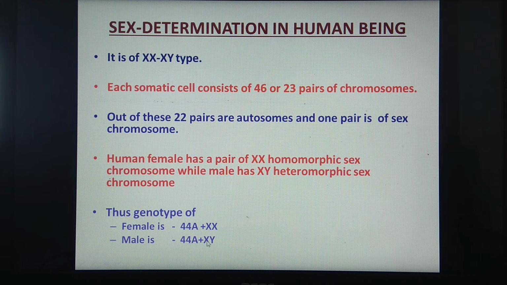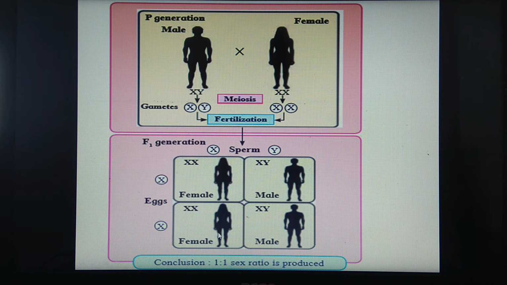Now we are going to study how the sex is determined in case of human beings. So in case of human being, now we know that human male is heteromorphic consisting of X and Y type of chromosome, and human female is homomorphic consisting of XX chromosomes. Next step is gamete formation.